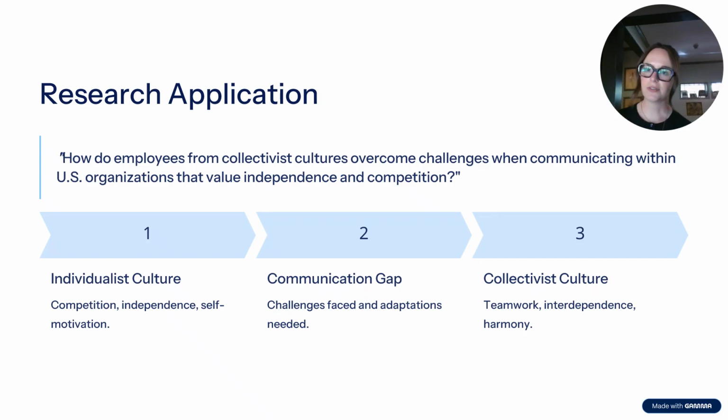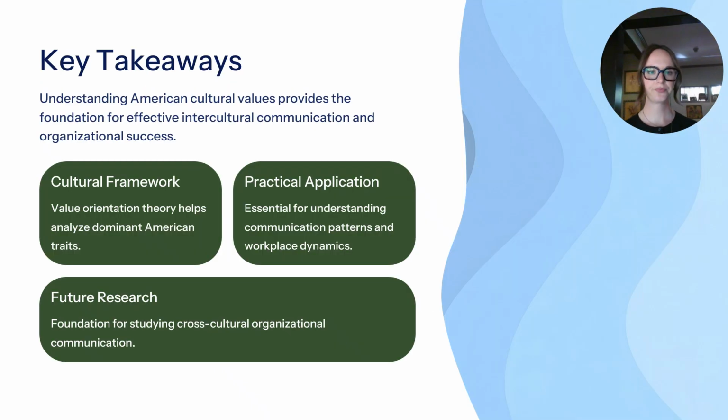They see life differently. They are wired differently as far as independence and competitiveness. They value teamwork more. They're more interdependent on the people around them to achieve goals and to get the job done. And they value harmony as well. So, how do people who come from collectivist cultures find ways to bridge that communication gap when they come here and are in the midst of our very strong individualist culture?